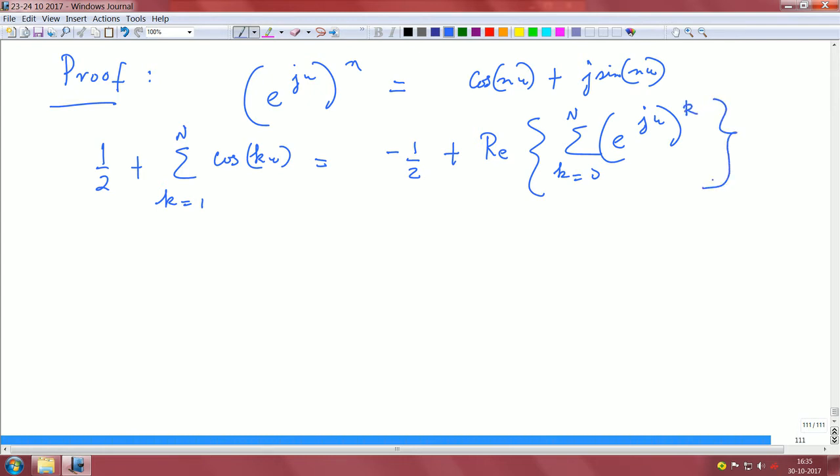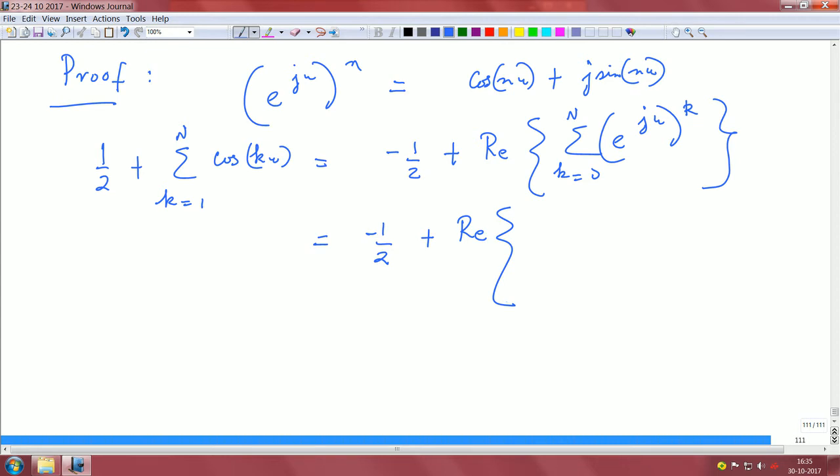This is not really difficult to see, right? For k equals 0, this is 1. So 1 minus half is half, you have half here, and the rest is basically taking the real part, you are going to get the cos. No big deal, right? This is minus half plus real part.